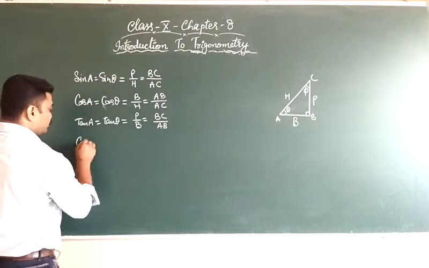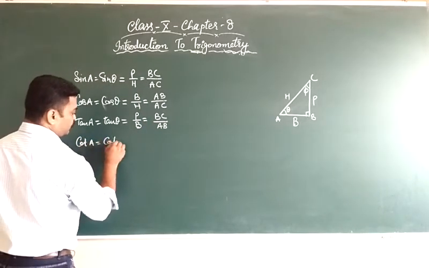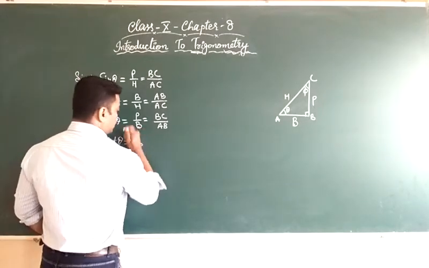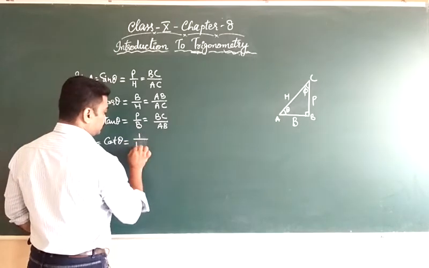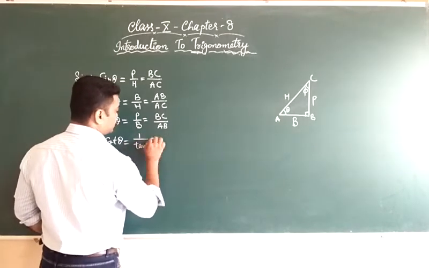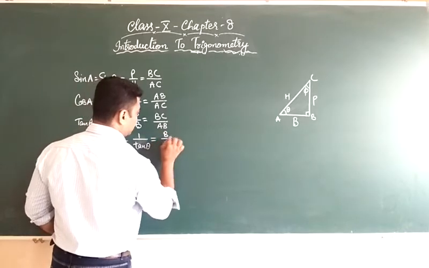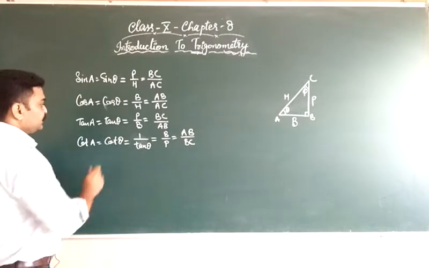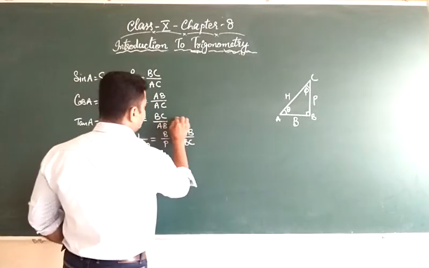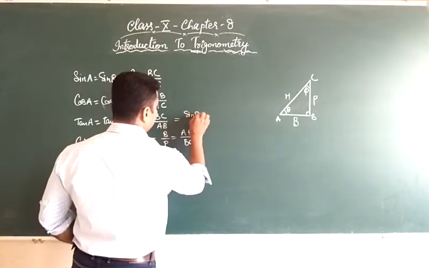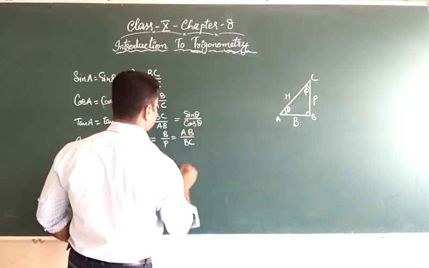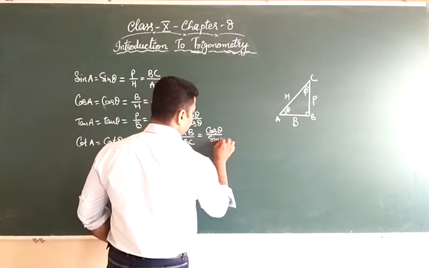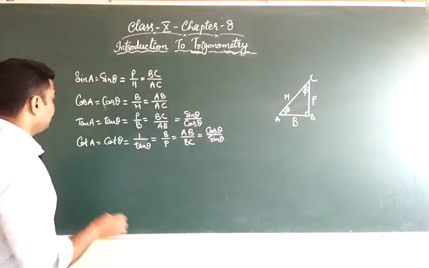Cot A is equal to cot theta is equal to B upon P, or we can say 1 upon tan theta is equal to B upon P is equal to AB upon BC. This also can be written as sin theta upon cos theta, and it is also written as cos theta upon sin theta.